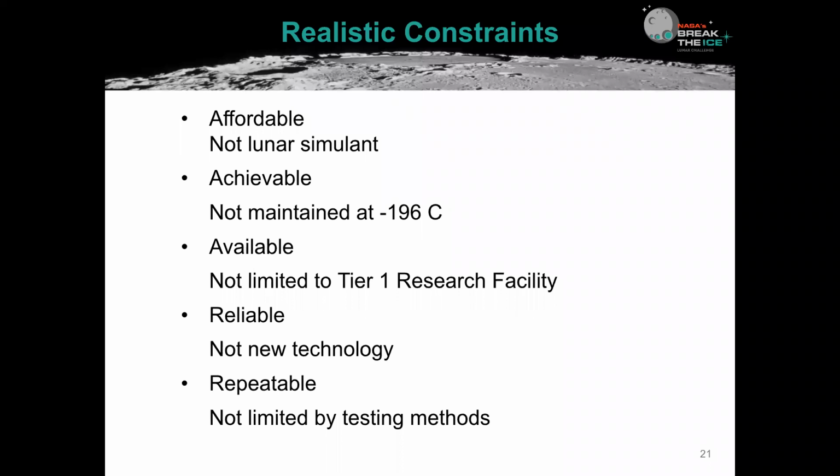We need a simulant that is not brand new, that there's a long history of technology associated with what we're recommending. And we'd like it to be repeatable, not just within a single team where you're trying over and over again to dial in your perfect mixture, but we want parity of the materials across all the teams in many geological locations.